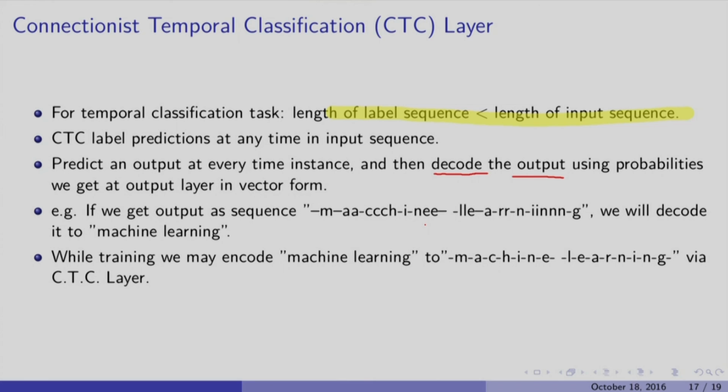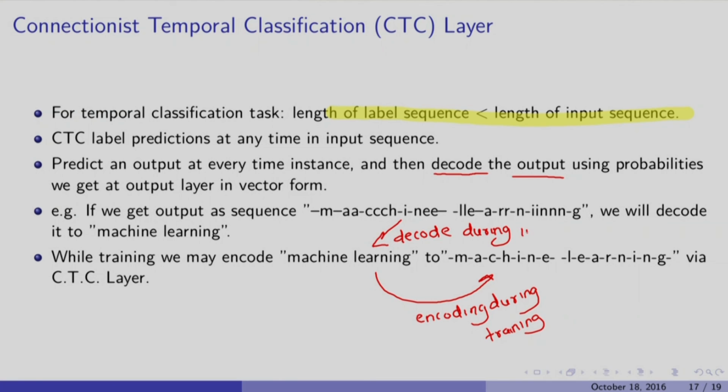So while training we will need to encode machine learning to this sequence, this is the encoding problem, and while prediction we might have to go from this sequence and decode it to machine learning. So encoding is during training and decoding is during inference.